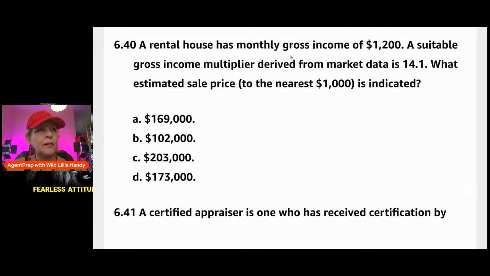So 1,200 is the monthly gross income and a gross income multiplier of 14.1. Type your answer in the chat. A, 169, B, 102, C, 203, or D, 173.